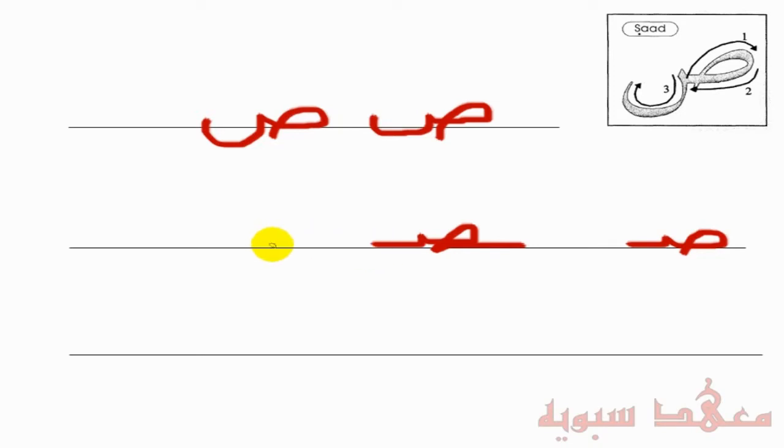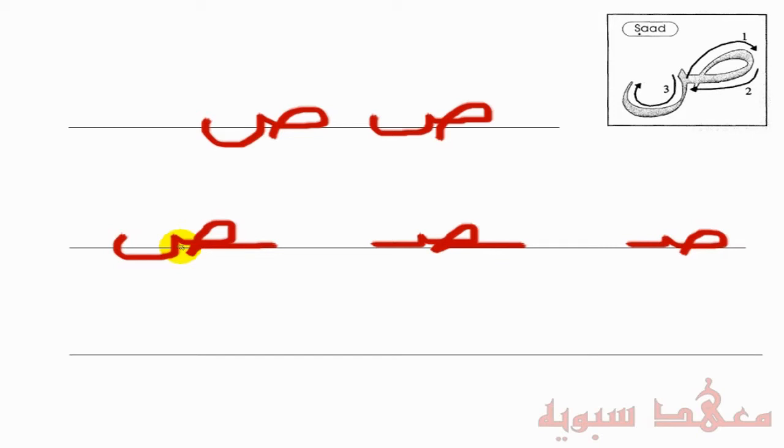And finally, the end form, which is as follows. So you have the letter, go a bit further down, come like that, and then you go down a bit. So it goes more down, similar to the isolated forms. Maybe this should go a bit further down like this.